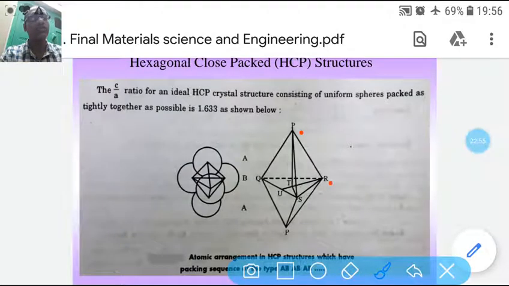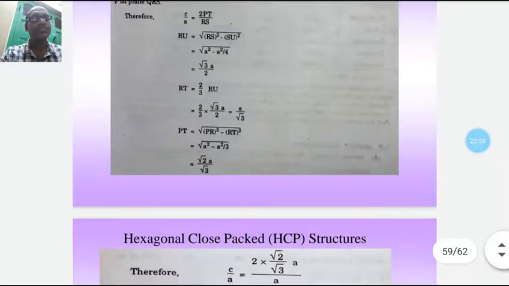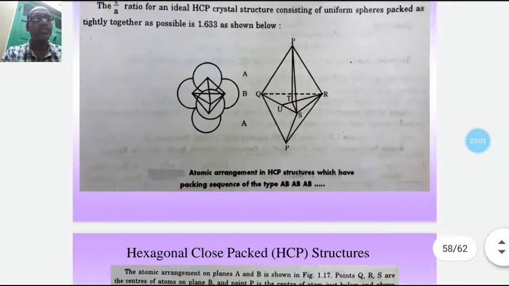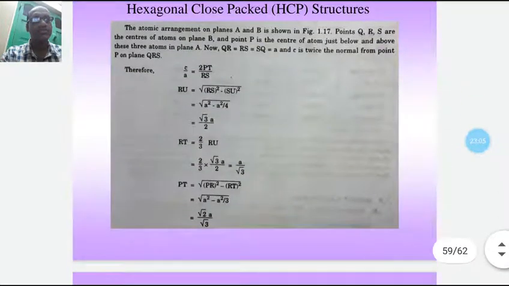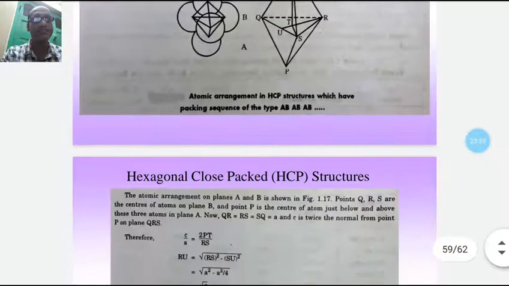PR, again we know, as it touches the interior atom and one upper atom, the PR distance will be A.